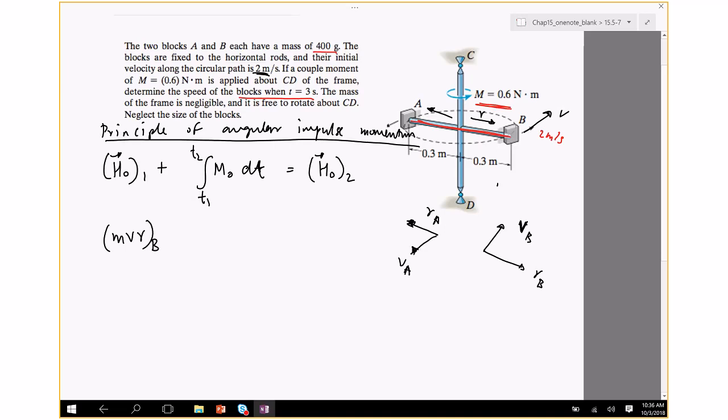Okay, so now we are set to do r cross v. Curling my fingers from r to v, the thumb gives the direction of the moment, and it's upwards, just like this one was upwards. So both of them have a positive sign. This is B and this is A. We don't have to distinguish between the two because A and B have the same mass and r is the same. So this is really 2mvr plus the external moment.